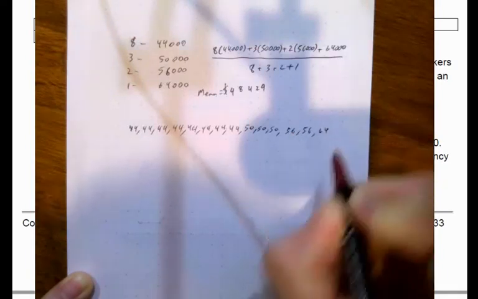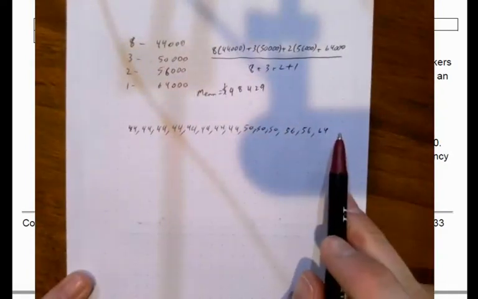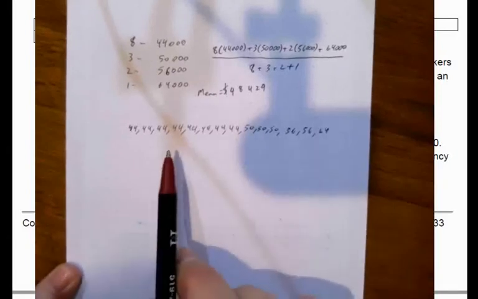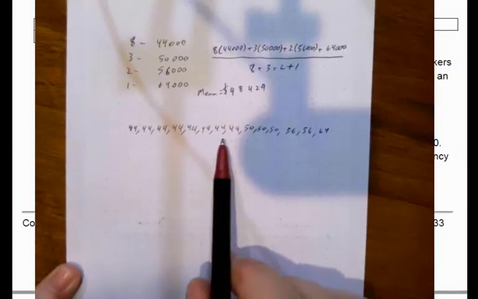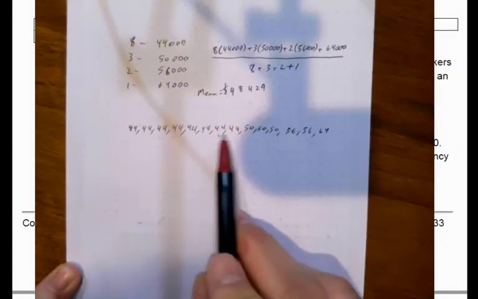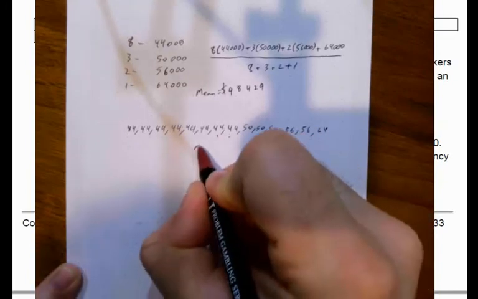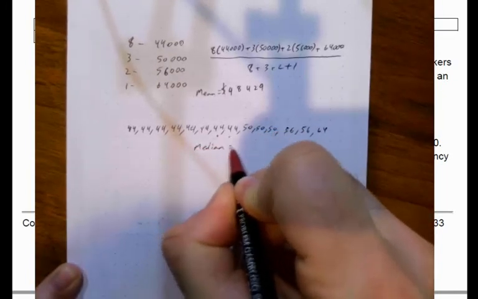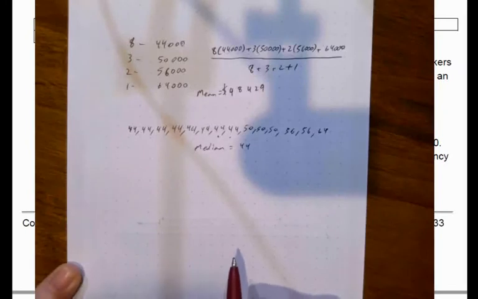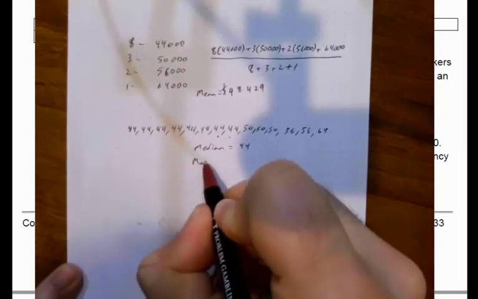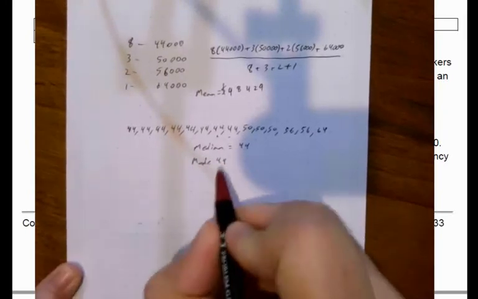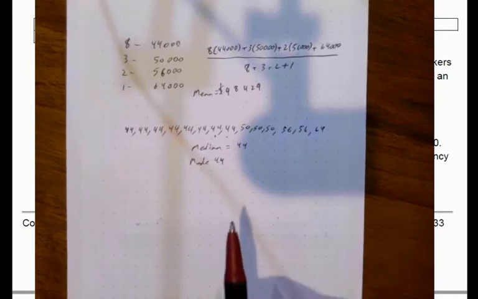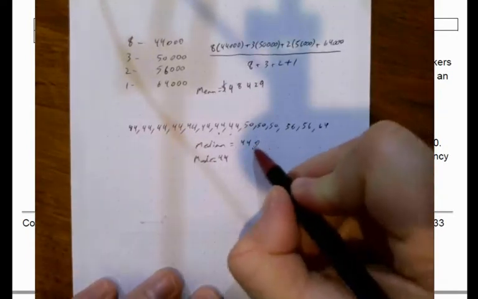And 64. So I have, again, 14 numbers here. So my median would be the 7th and the 8th, and that would be this 44 and that 44. So my median is 44. My mode is obviously 44 in this case as well. So we have a mean of 48, a median and a mode of 44. Sorry, I should write these as thousands.